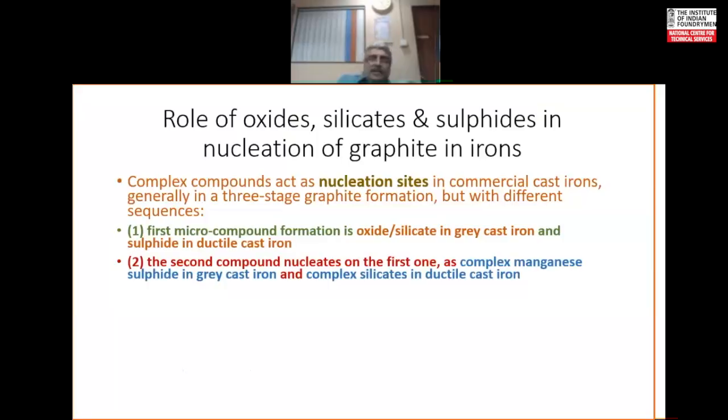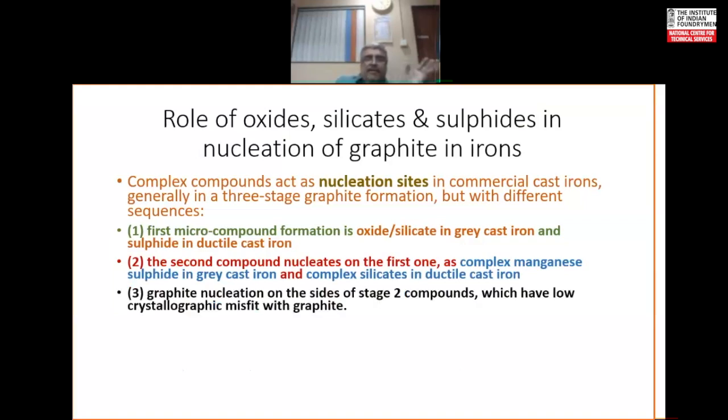It is oxides followed by sulfides in gray iron, and sulfides followed by oxides or silicates in ductile iron. And graphite nucleation on the sides of the stage 2 compounds happens, which have low crystallographic misfit with the graphite. We have already seen in the last graph the misfit or mismatch or disregistry for these compounds.